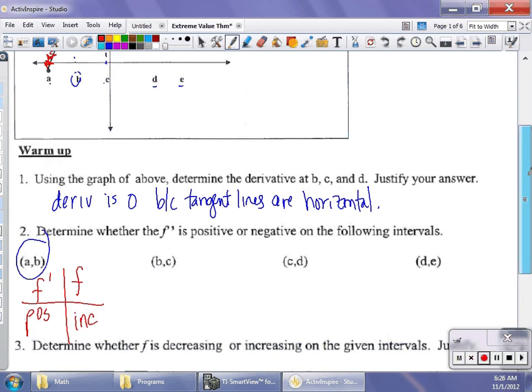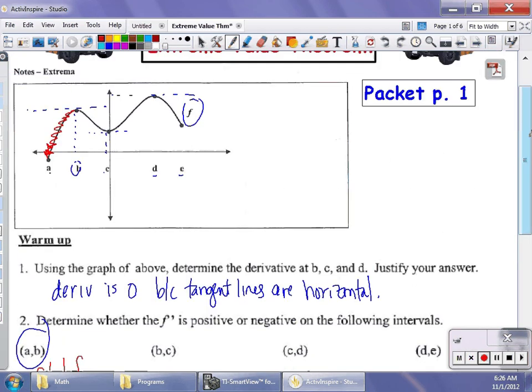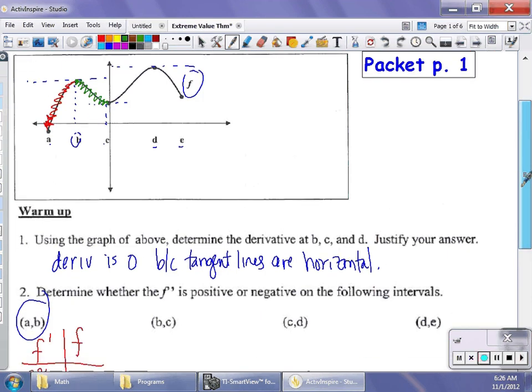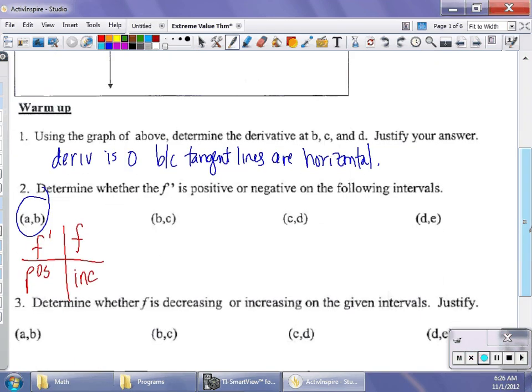Okay, let's take a look from b to c. From b to c, the first derivative, again, if you think about your tangent lines, the tangent line for that entire interval would have negative slopes. So we would say on this interval, the first derivative is negative, and the function itself is decreasing.